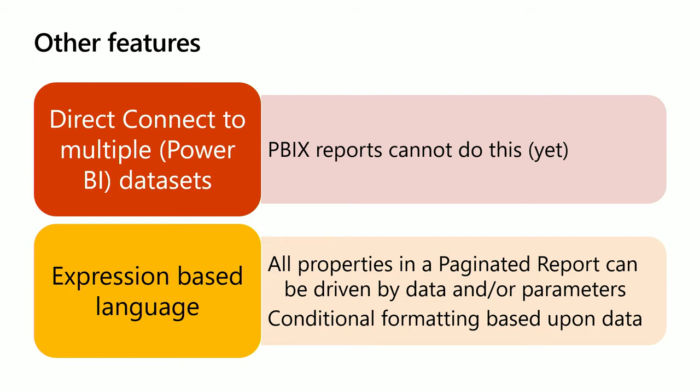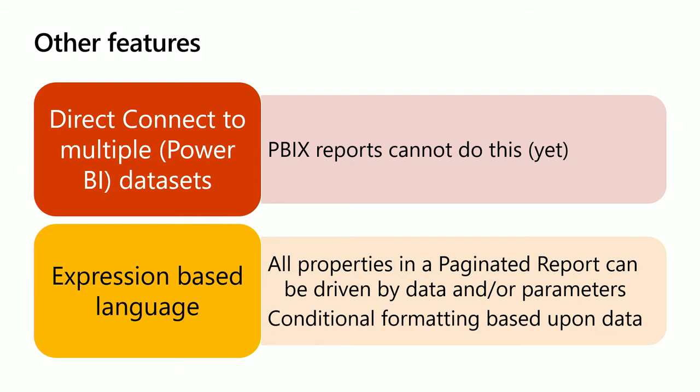Another thing that Paginated Reports can do is connect to multiple Power BI data sets. So I mentioned before that Power BI typically contains the data set, the cached data, the report itself, and a query, and you deploy that out to the service. You can connect a PBIX file to that published data set, but you can only connect to one of them. Paginated Reports can connect to any number of them, as well as other external data sources.